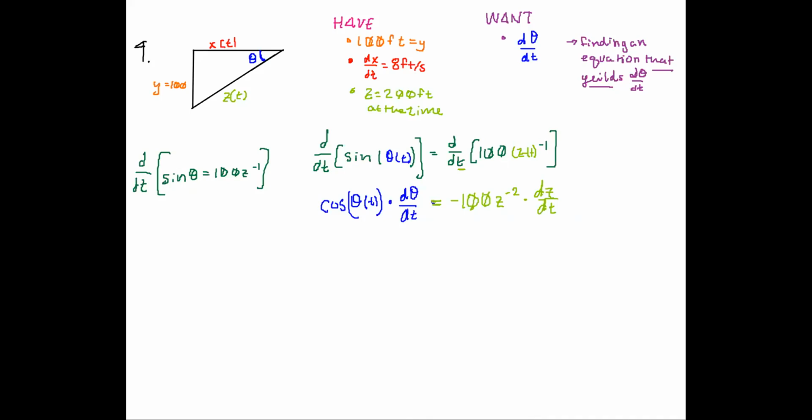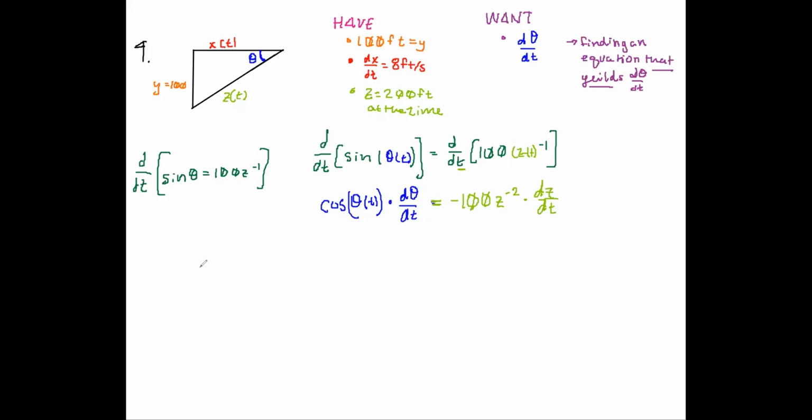Okay. So hey, look, we have an equation that has d theta dt in it, and that's what we need. Let's use this. It's awesome. So we've got something of what we need, right? I'm going to rewrite this.